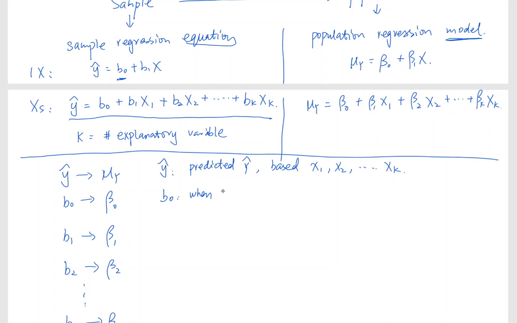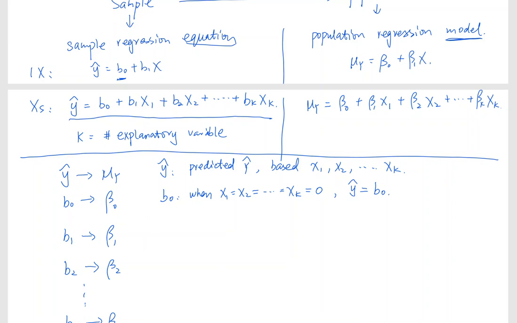So we say when x1, x2, until xk all equal 0, then y hat, the predicted value of y, will just be b0. You see the difference here?